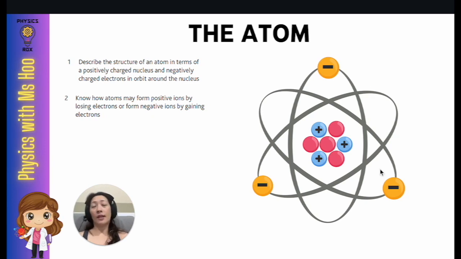You also need to know that the term atom automatically means that it's neutral, where there is a balanced number of protons and electrons. Atoms can form charged particles that are known as ions by gaining or losing electrons. So atoms can form positive ions by losing electrons or form negative ions by gaining electrons. You should already know this by now.